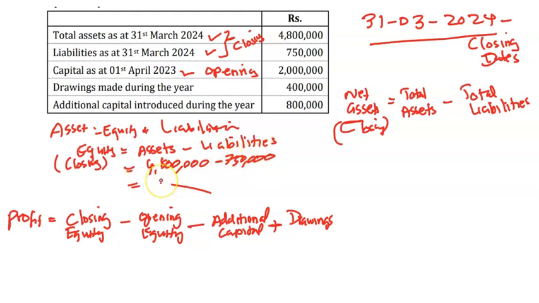So you get your equity as 4,050,000. Right, 4,050,000. So your closing equity would be 4,050,000.